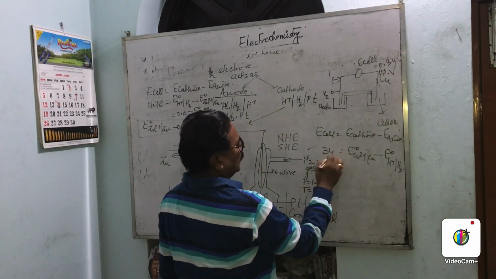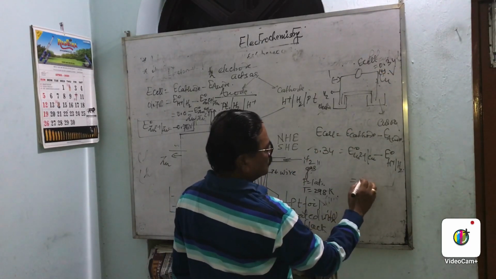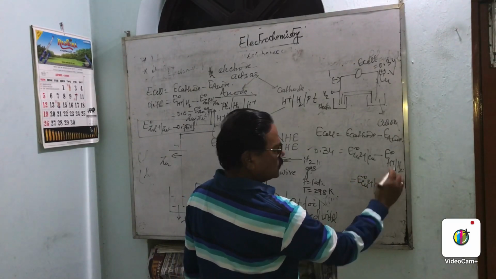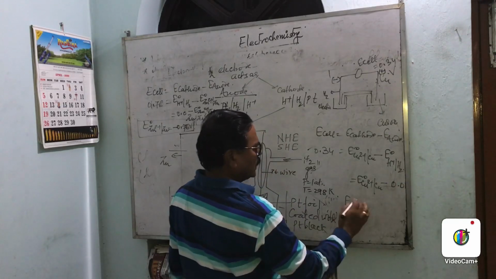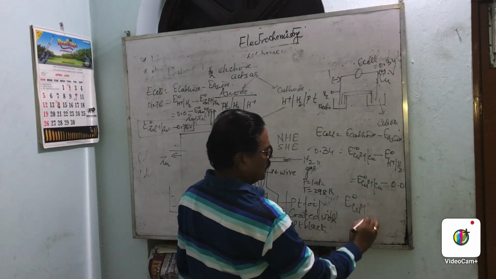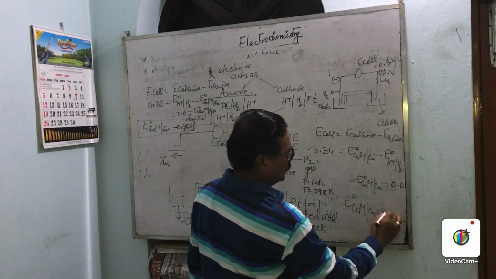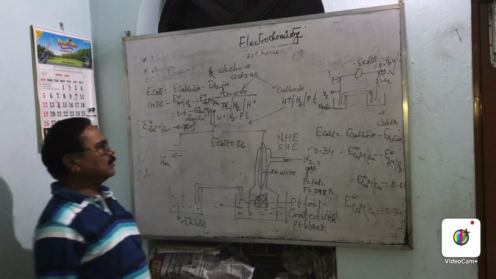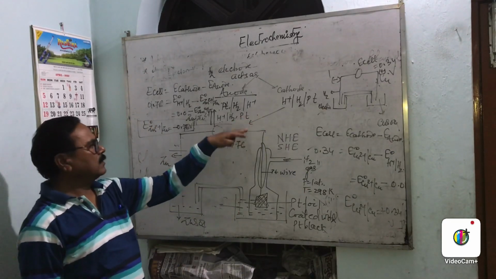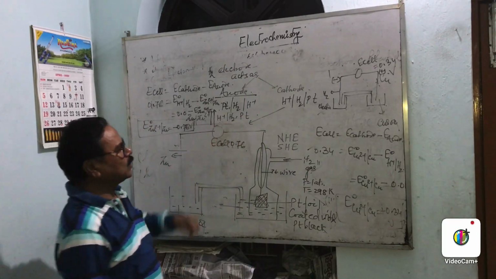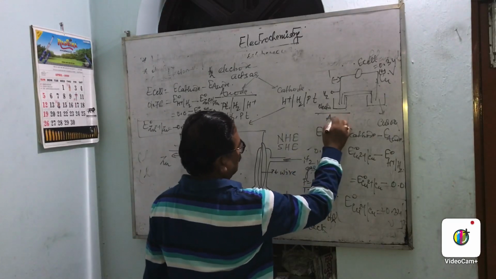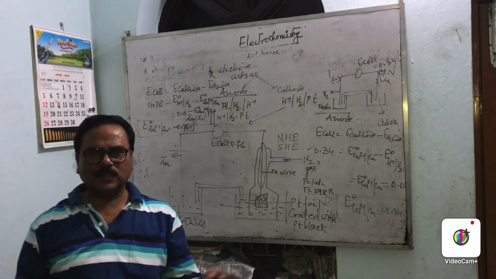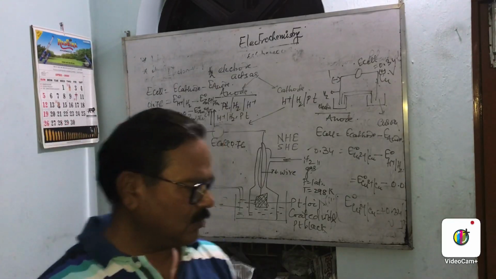E cell is 0.34 volt, and this value, E0 copper 2 plus, copper, and this one is 0.0. So what does it come to? That is copper 2 plus, copper, so plus 0.34 volt. So it means with the reference of a hydrogen electrode, which here will act as anode, this is the role of the standard electrode to determine the electrode potential of the unknown electrode.